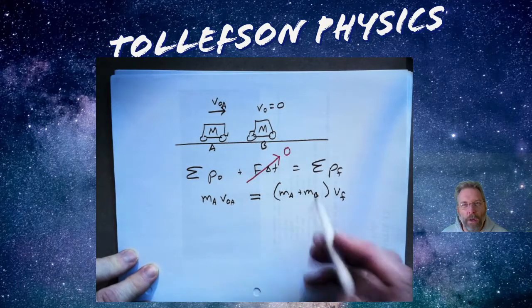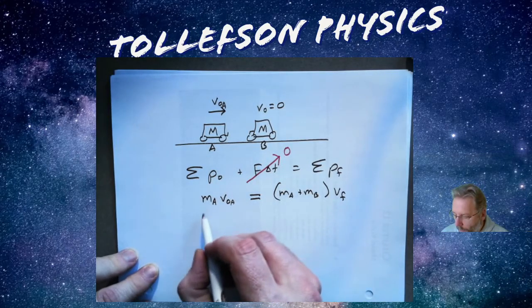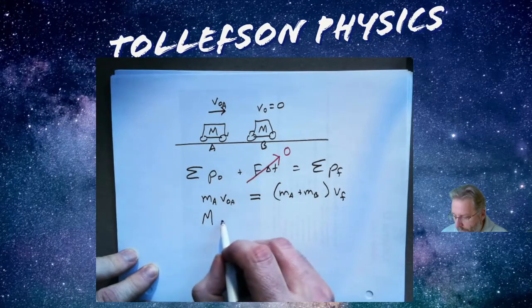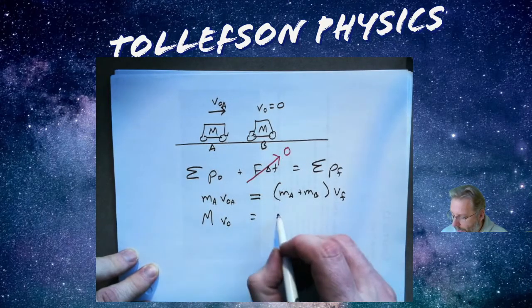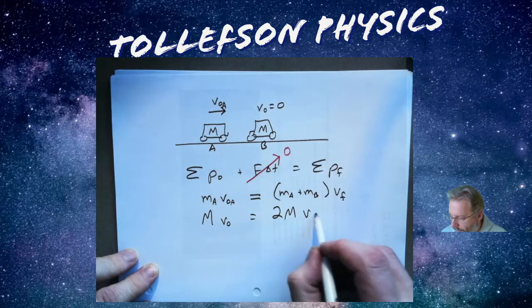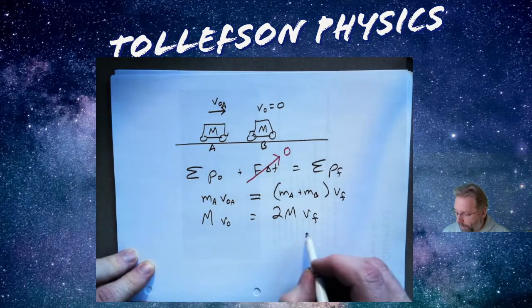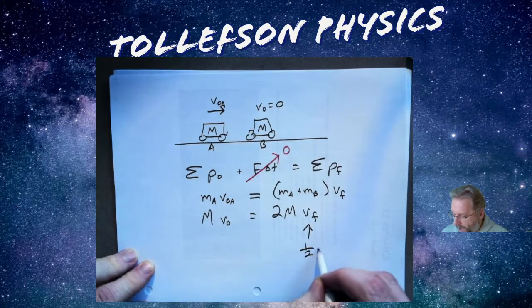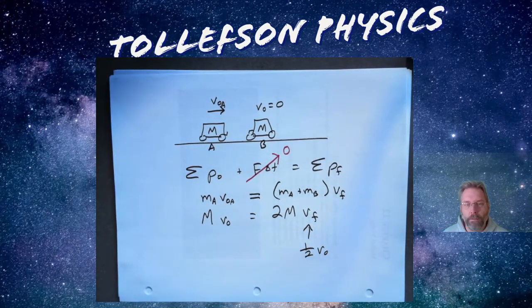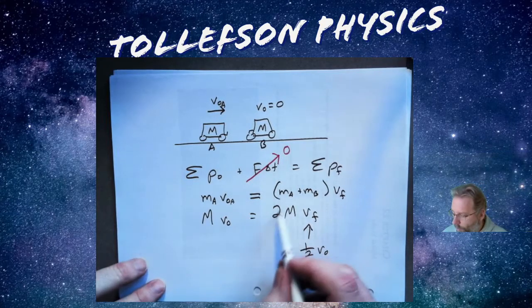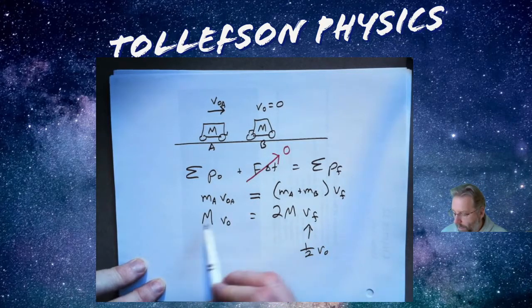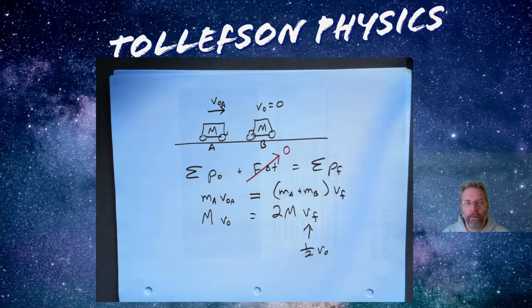So what's the ratio of these speeds going to end up being? If this is one mass unit with this initial velocity, and this is two mass units with this final velocity, then I can see that the final velocity must be half of my initial velocity. Two mass times half velocity gives me the one mass times velocity. That should make sense: I have one thing that's moving forward.